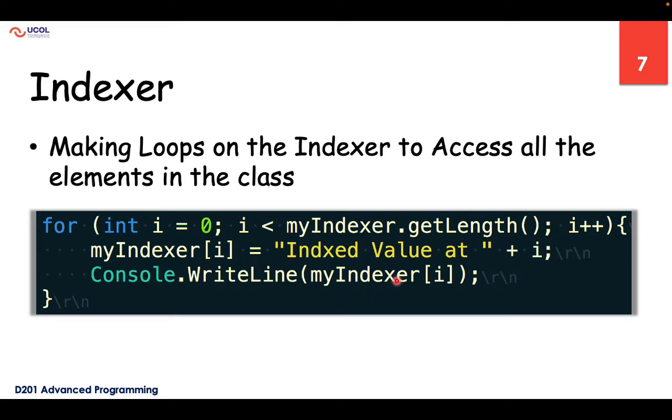So we can access all the elements just like we do for an array. Here myIndexer.GetLength gives me the length of the array which I have defined in that class.